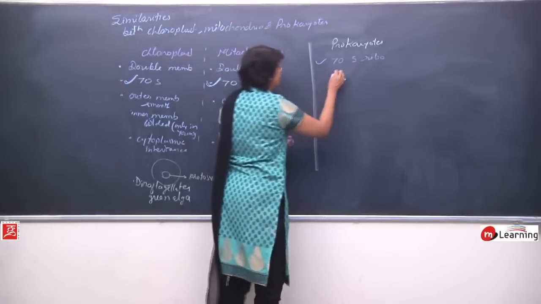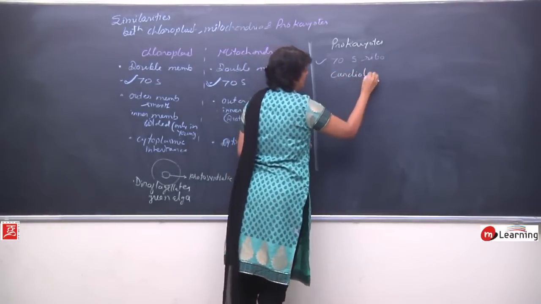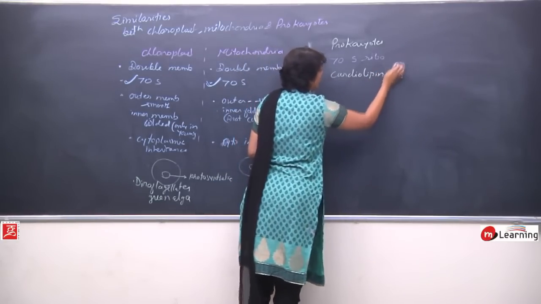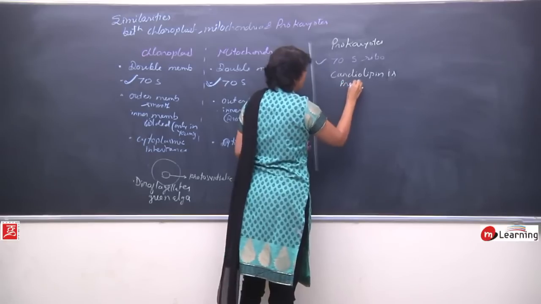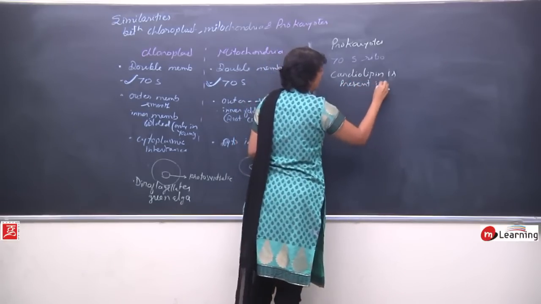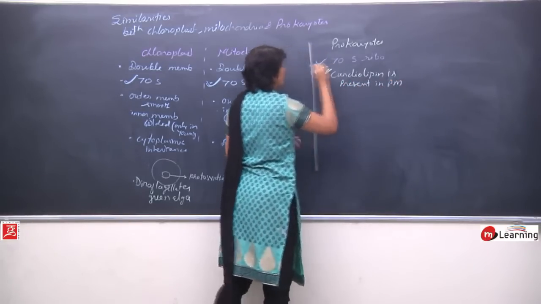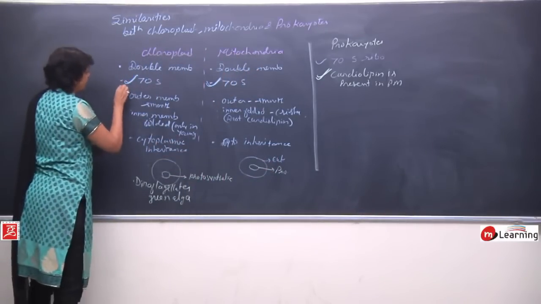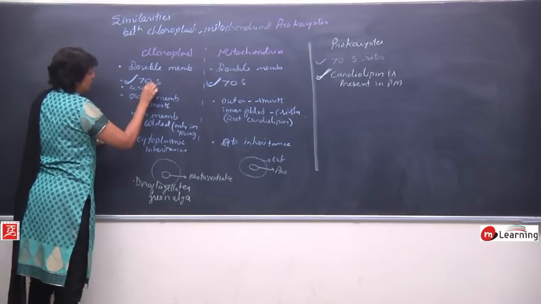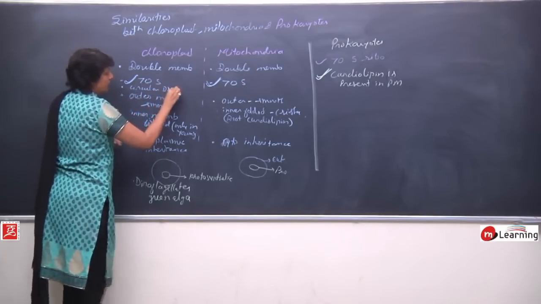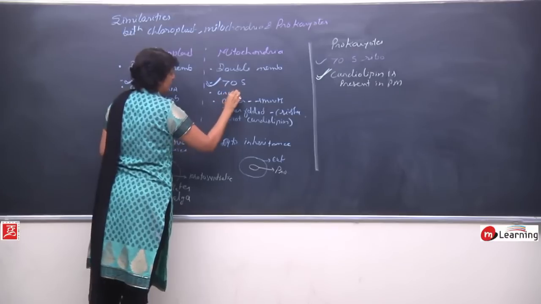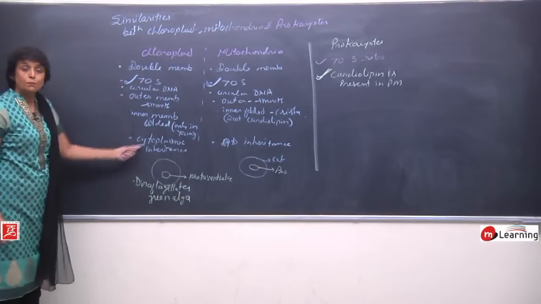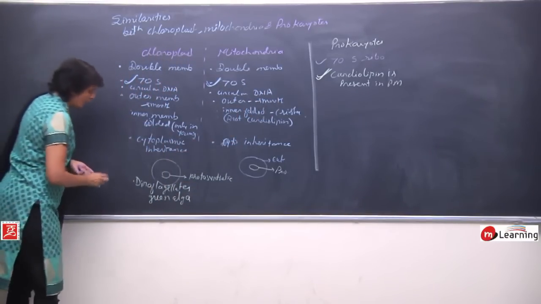This cardiolipin is found or is present in the plasma membrane of prokaryotes. When we are writing this, let us add they have their own circular DNA. Here also circular DNA.